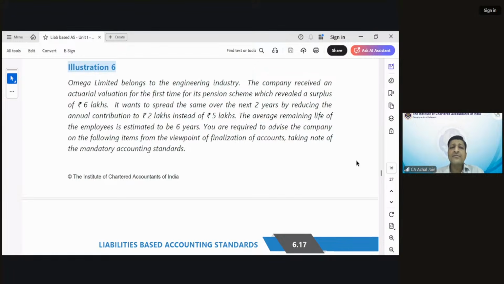Average remaining life of the employees is estimated to be 6 years. You are required to advise the company on the following items from the viewpoint of finalization of accounts, taking note of mandatory accounting standards. Over to you.